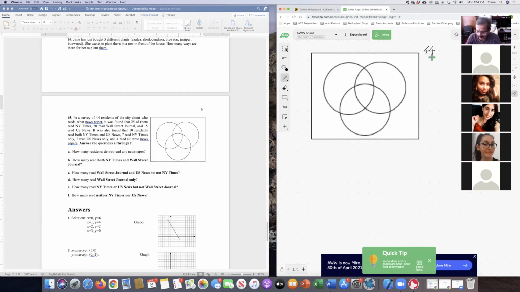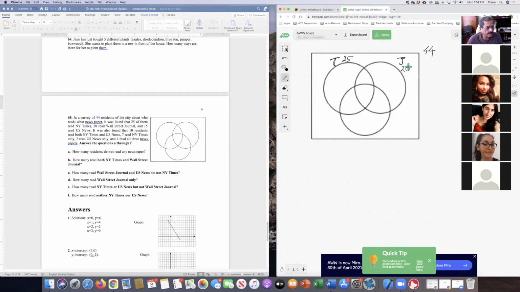I'll use T for Times, and the number is 25. And then 20 read Wall Street Journal. I'll call it J to mean Journal, and 20 is the number.